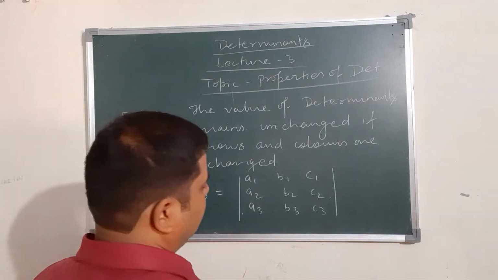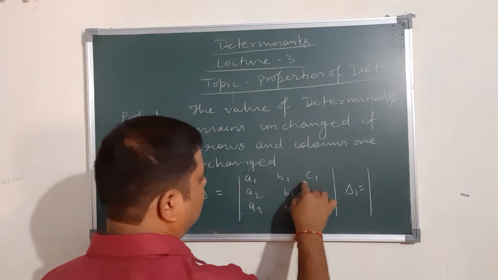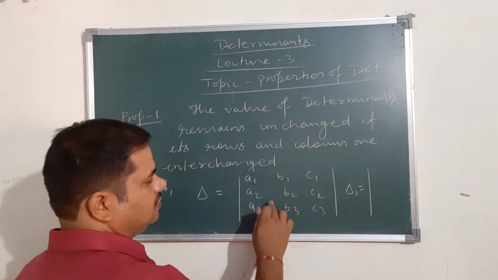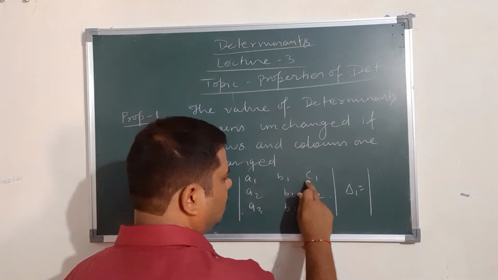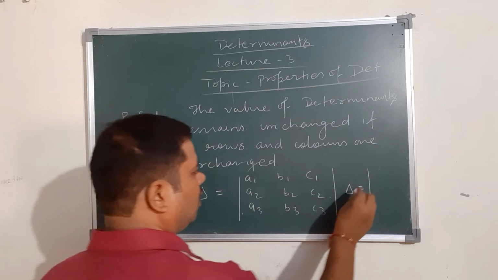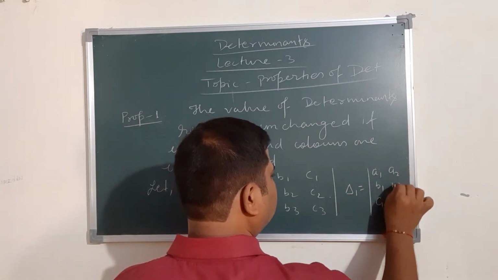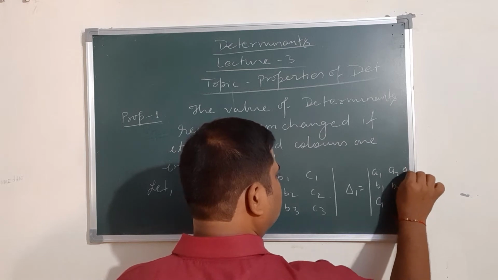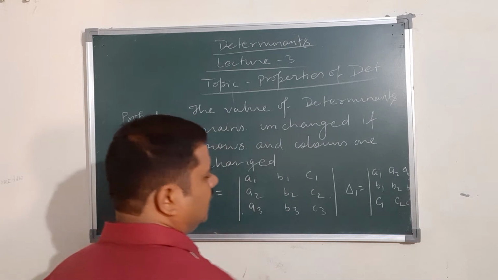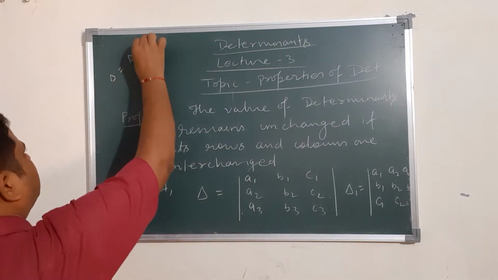And if we consider delta 1 as another determinant in which rows and columns are interchanged, that means those who are the rows in this determinant are the columns in that determinant, that means A1, A2, A3, B1, B2, B3, C1, C2, C3, then delta is equal to delta 1.